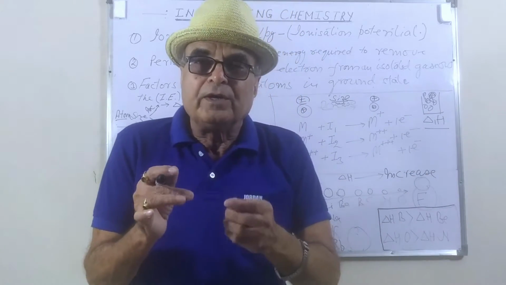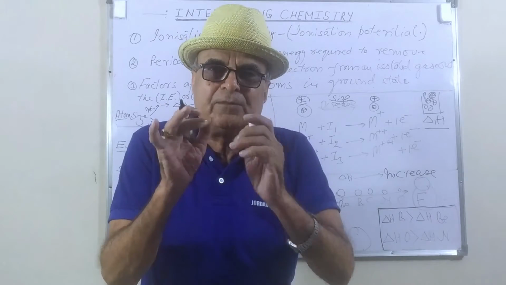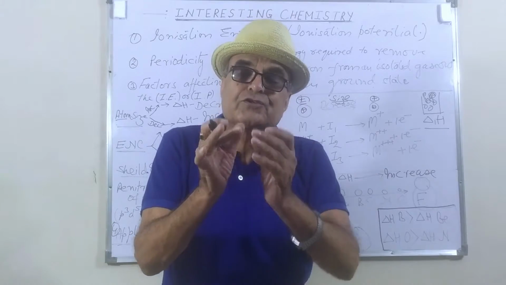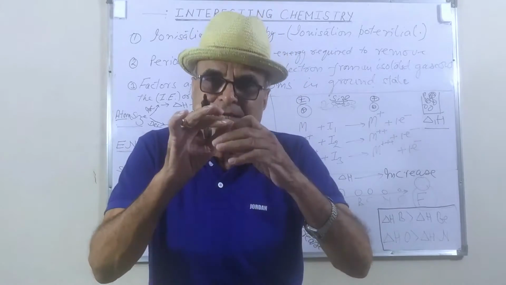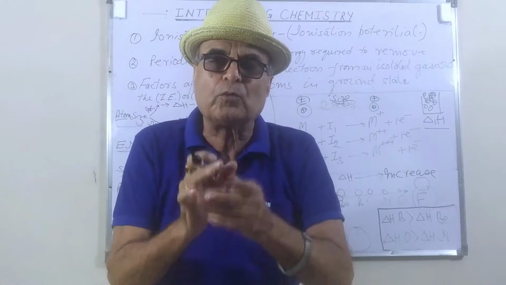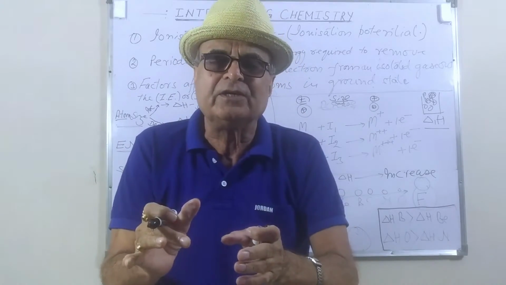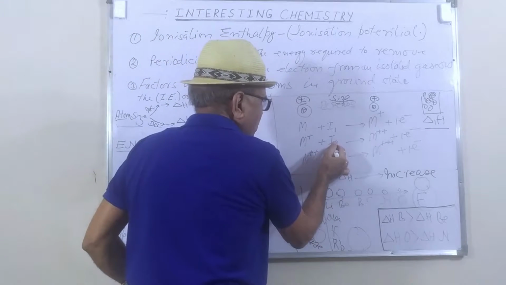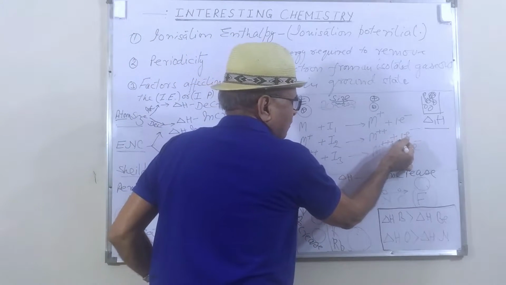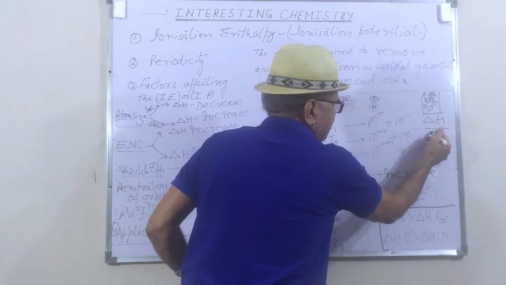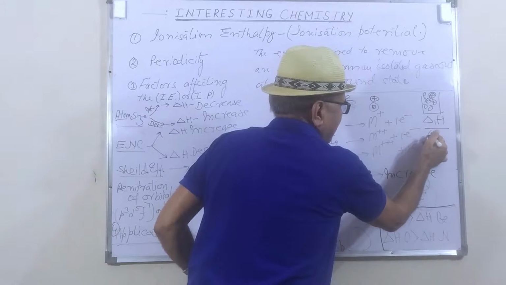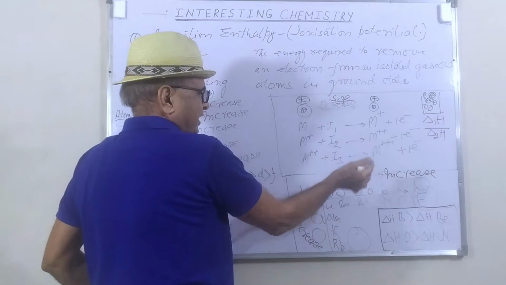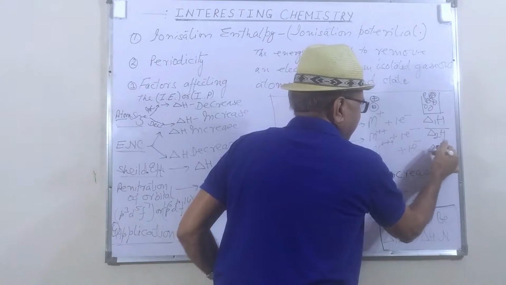Now, from that single positive ion, if you want to remove the second electron, then again you have to provide some energy to that ion. Suppose you give I2, then the second electron is removed. This is the ionization enthalpy delta 2H. And again the third electron, delta 3H.